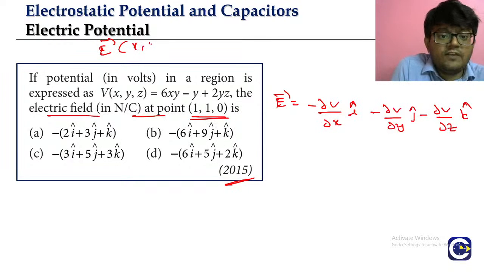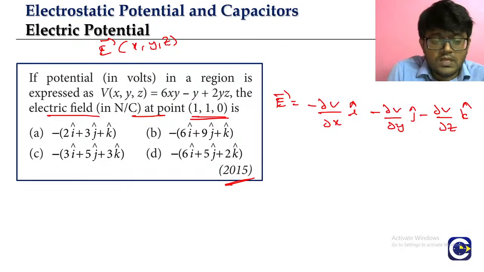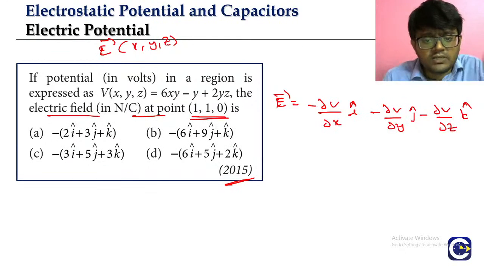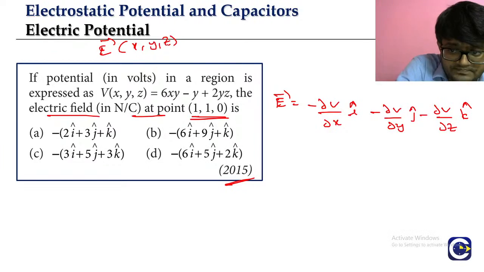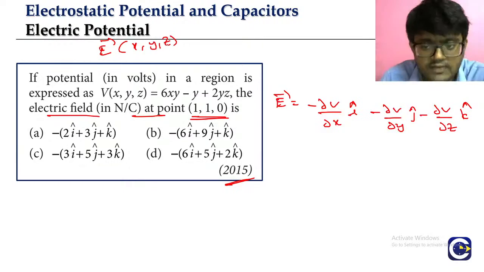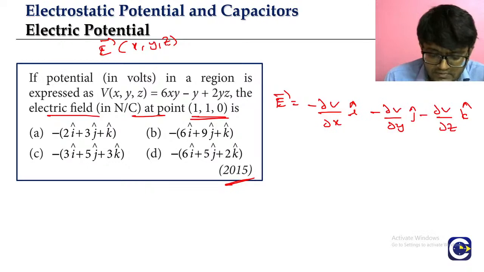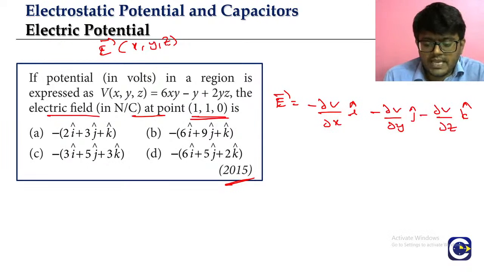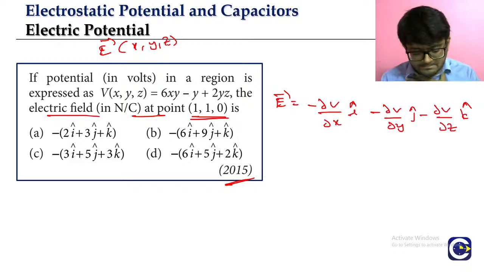The electric field function is going to come in terms of x, y, z, the variable formula will come. After the function comes, we will substitute x is equal to 1, y is equal to 1, z is equal to 0. Substituting, we will get the final answer. First, what should we do? We should calculate the electric field function by using the gradient formula. Once we have the electric field function, we can substitute the x value, y value, z value and get the final answer. You check it.